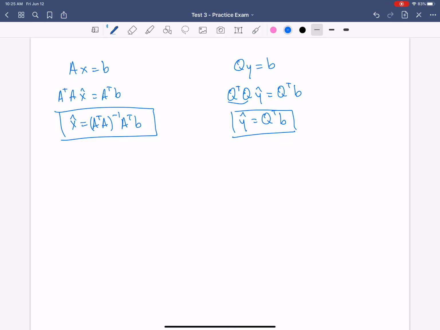If you recall from the Gram-Schmidt algorithm, the question is, how do you go from A to Q or the other way around? If you have one direction, you have the other.